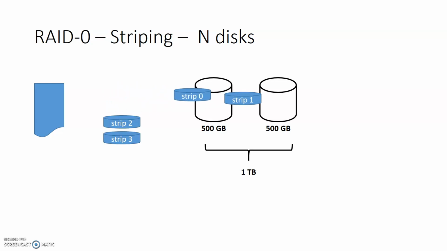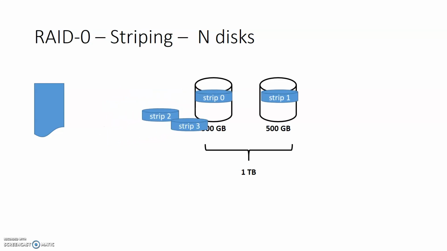So when we're writing data, it's going to get broken down into little pieces, and in a sense, it's going to be those strips, and it'll start writing stripe 0, 1, 2, 3, and so they are distributed across the disks.